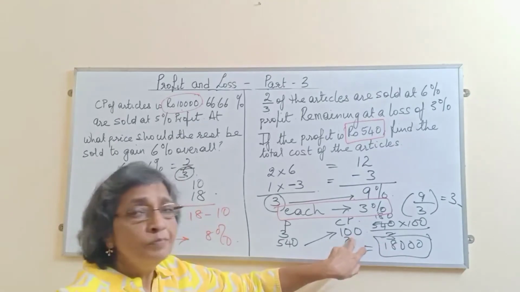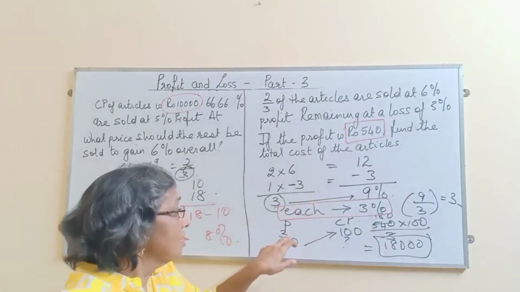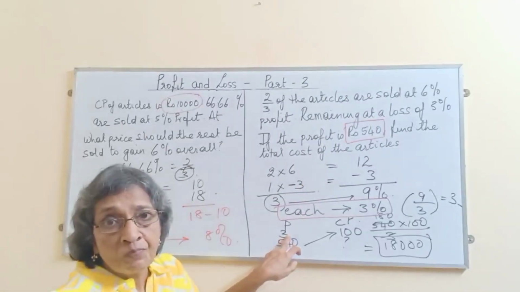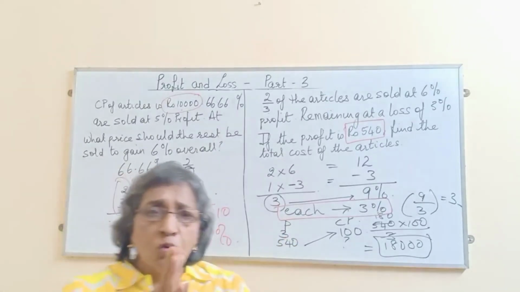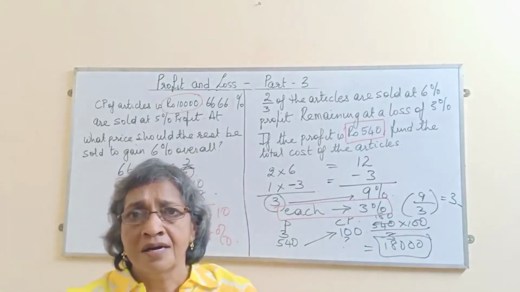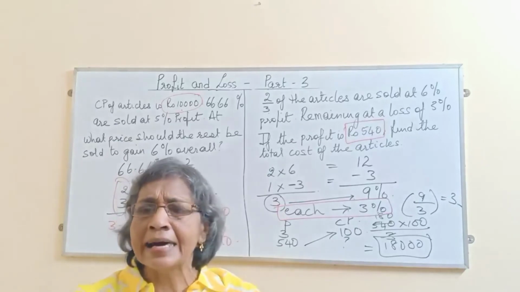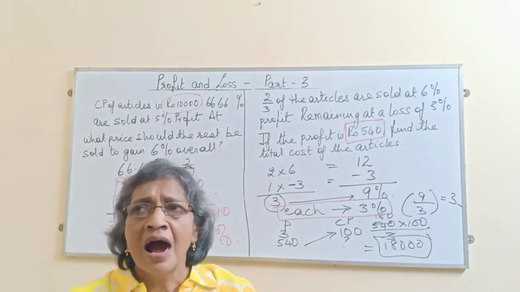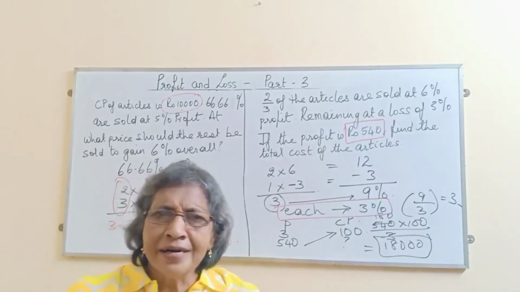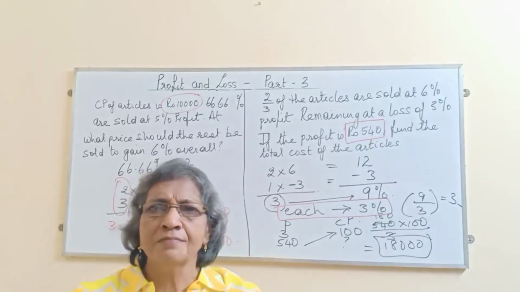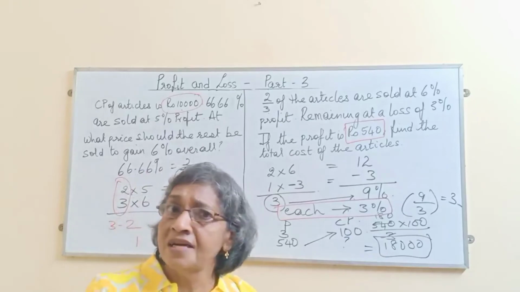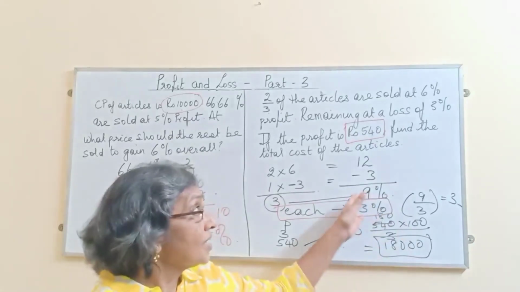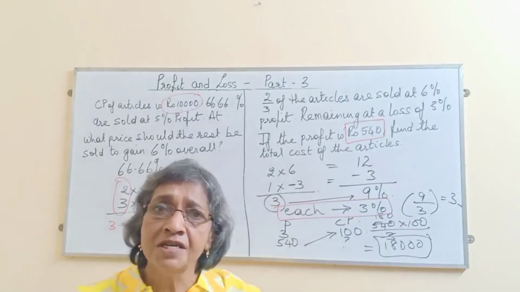Why we take this CP as 100? Because it is a 3% profit. Okay. So what we have done today is slightly higher compared to what we did in the previous 2 videos, and a little bit of changes here and there, sometimes fractions given, sometimes decimals given, sometimes like in this sum, the profit given.